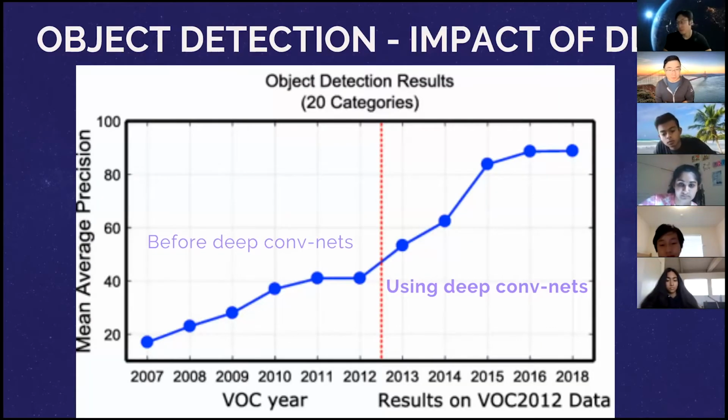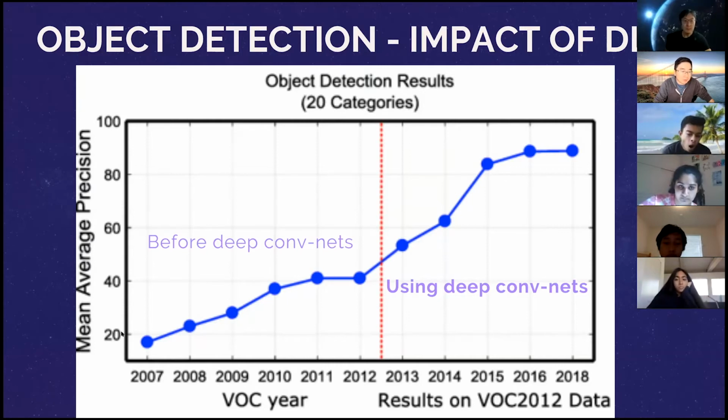What's really interesting is that in the last few years, you are really a lucky generation. Prior to 2012, computer vision used traditional methods. What we're looking at here is the mean average precision. The larger this number is, the more accurate these object detection algorithms are. But prior to 2012, before deep convolutional neural networks were used, we could barely go to 40%.